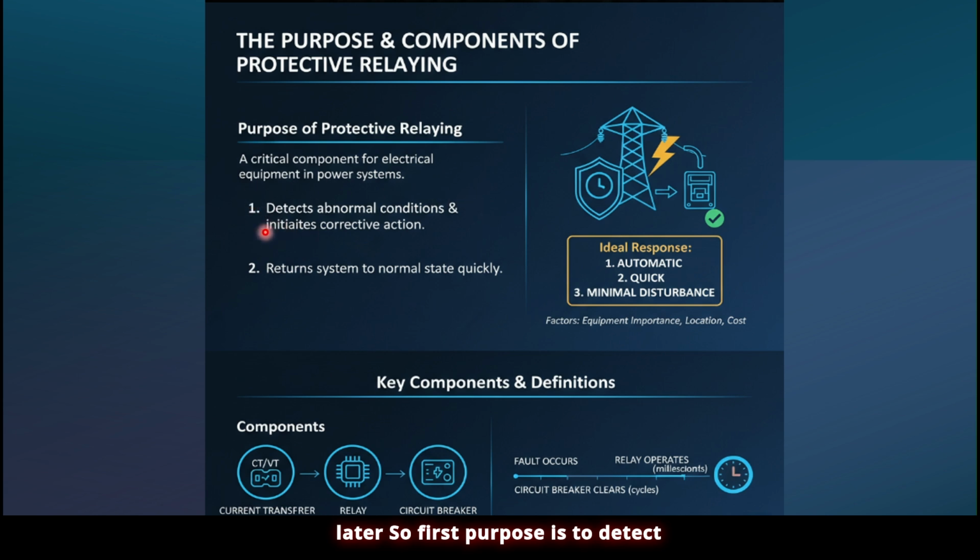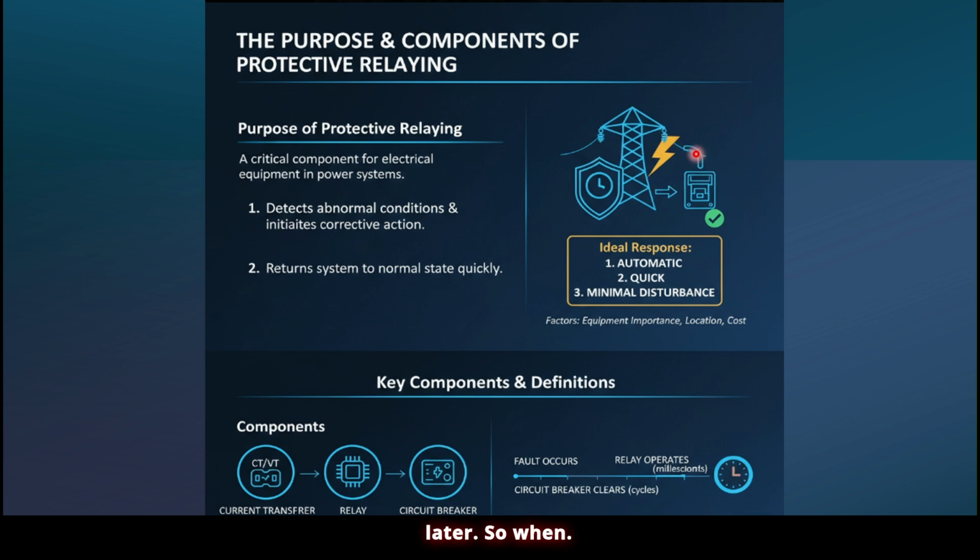Okay, so the first purpose is to detect the fault and correct it, but also we aim to return the system to its normal state quickly, because the more time we take, we will have negative effects of this fault, and I will explain this later.